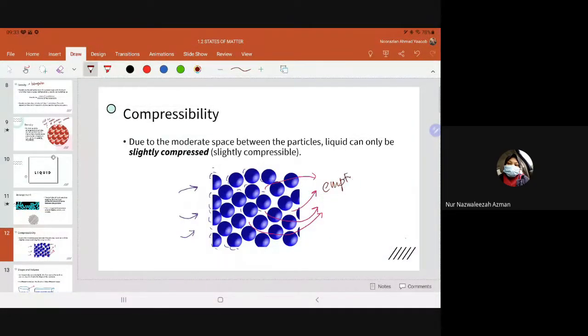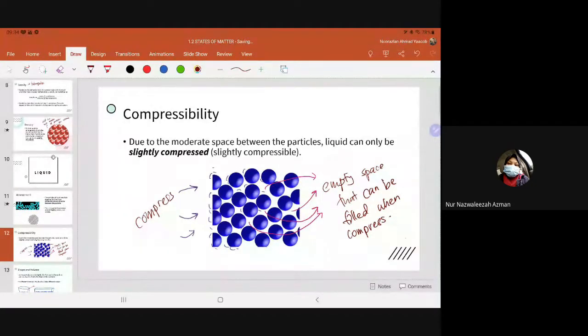So this is empty space that can be filled when compressed. Okay. So apabila kita cuba compress, kita akan tolak dia. Okay, so kita tolak dia and dia akan masuk cuba mengisi ruang kosong ni lah.